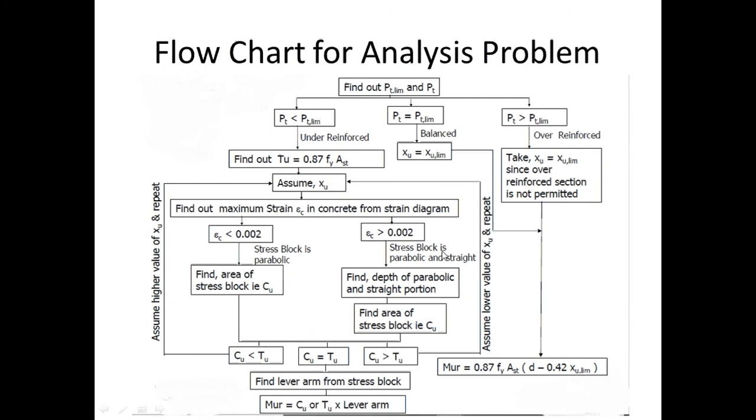If it is greater, it is parabolic and straight. Next we see the stress block and how much compressive force there is, and find the depth of the parabolic and straight portions. Once again we identify whether the compression is less than, equal to, or greater than the tension. Based on that we calculate the lever arm. Once the lever arm has been calculated, you can calculate the reinforcement. So this is how the analysis is done.